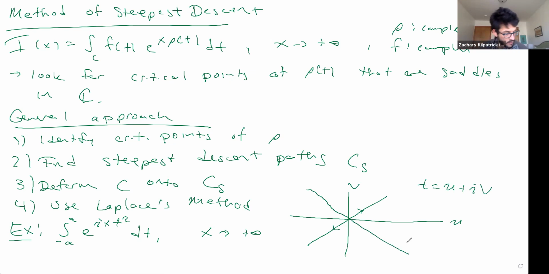And then there's this curve that we want to avoid. This is u equals minus v. The reason this is steepest descent is because that's where our function i t squared is going to be constant in the imaginary part, and it's going to be most steeply descending in its real part.